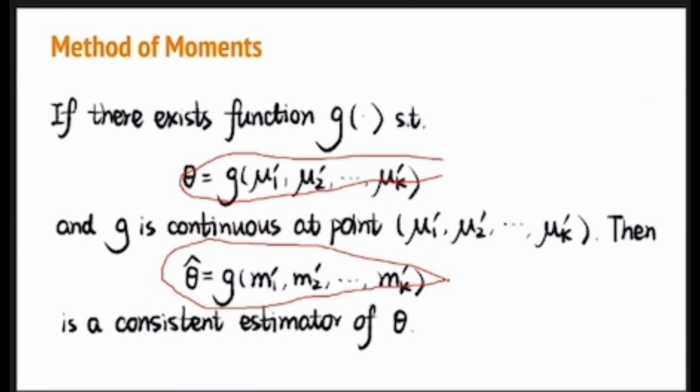It has been proved, statistically and mathematically, that our theta hat is going to be a consistent estimator. Of course, you know what I mean by consistent estimator: when n tends to infinity, the variance of the estimator converges to zero. So the way the method of moments works is what I have just explained.